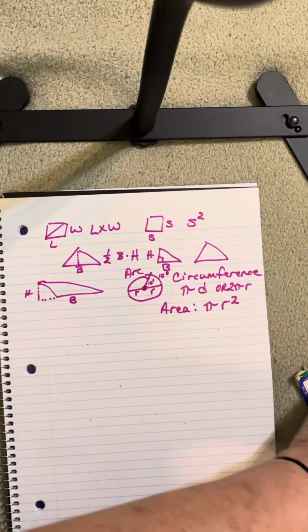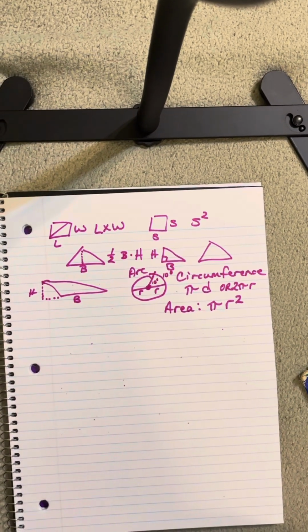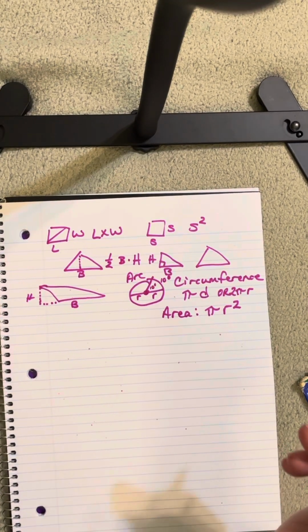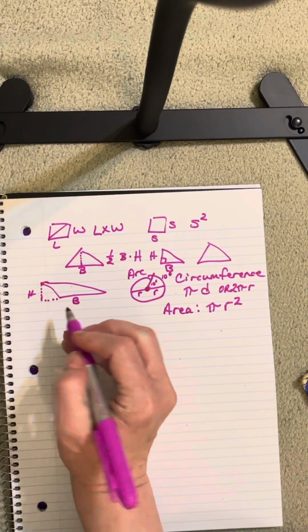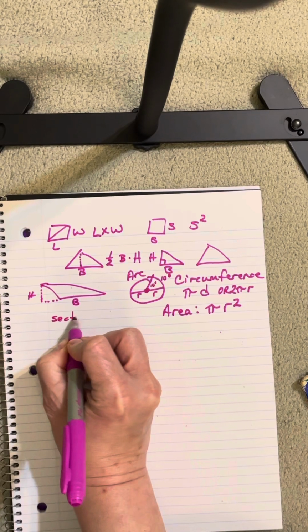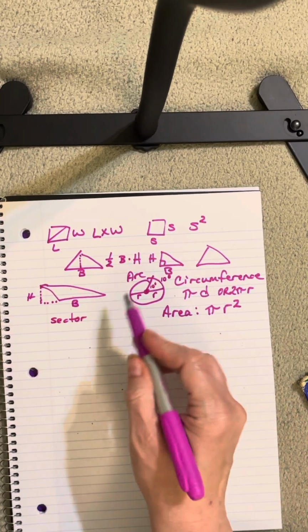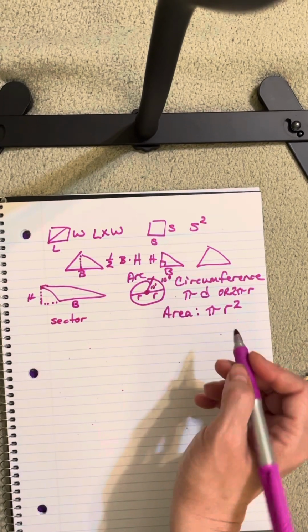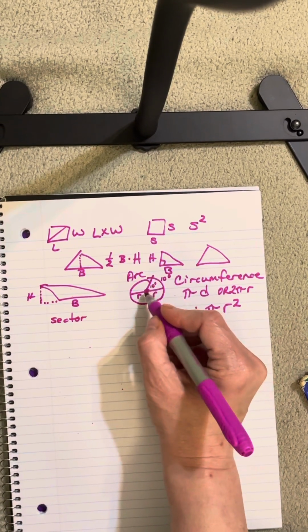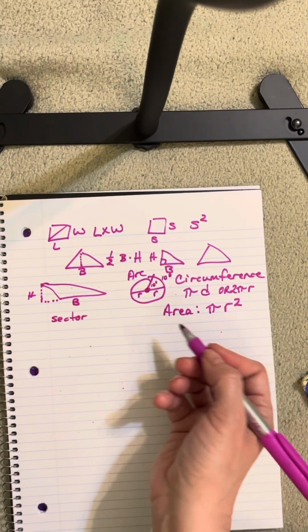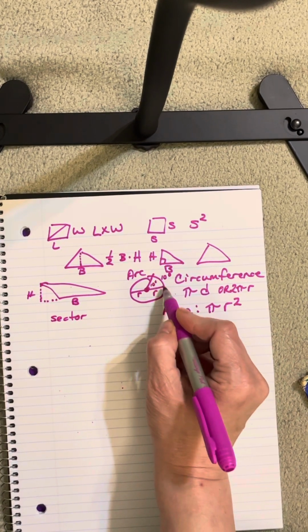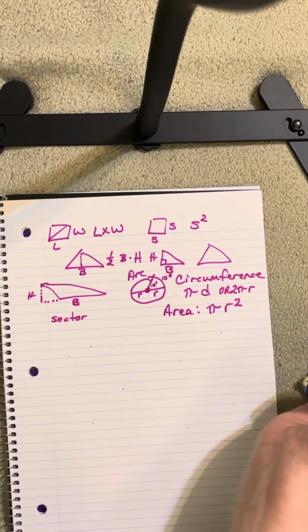Now on to page 10. I can also be asked to find the area of the sector. So what is the sector? If I picture my circle as a pizza, the sector is the slice of the pizza, this part. And so it's asking us to find the area of basically a triangle, except that it's not, because that side is curved.